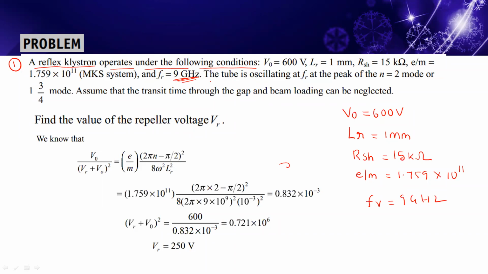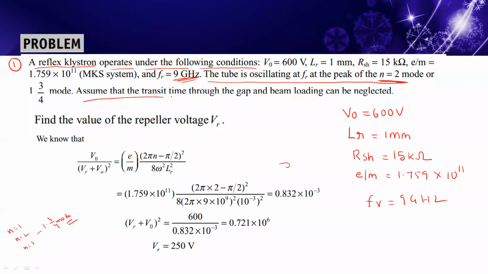Read the question. The tube is oscillating at a resonant frequency, peak value, with n equal to 2 mode. Suppose n equal to 1, n equal to 2, n equal to 3. Modes we already completed in mode characteristics. The n equal to 2 mode is simply called the 1 3/4 mode.